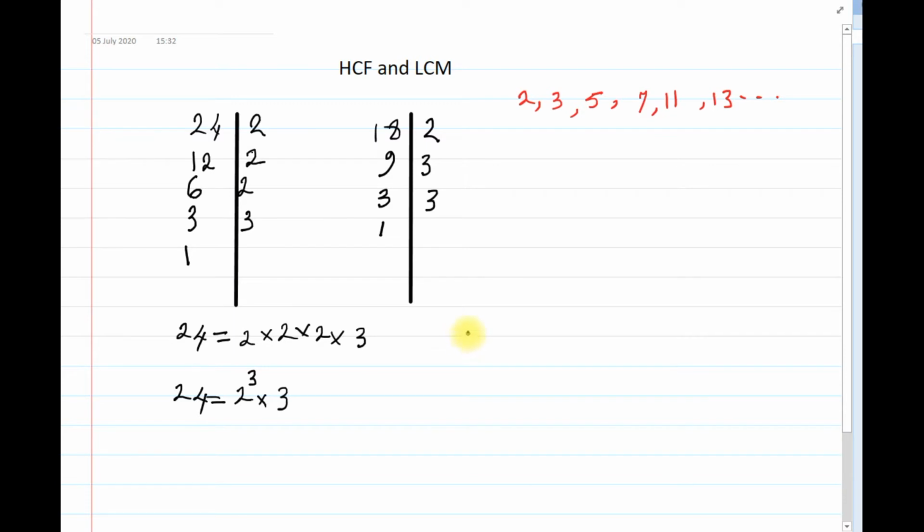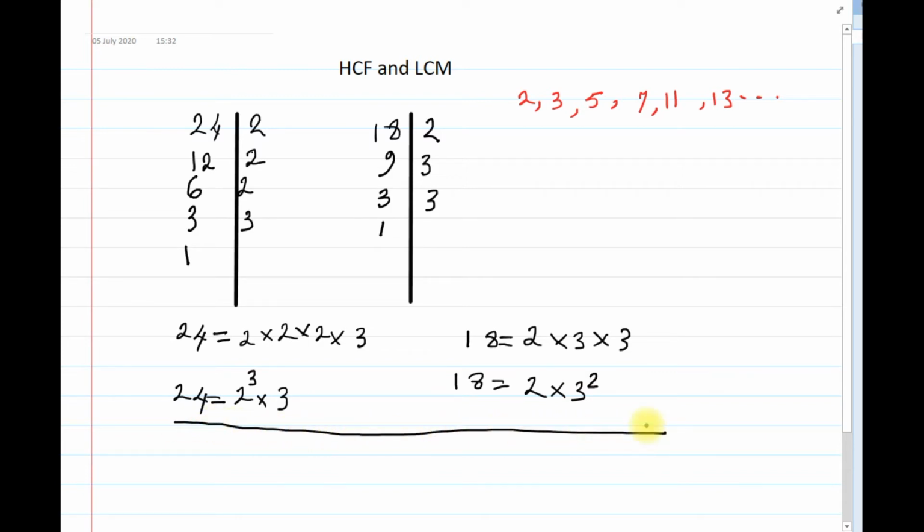So we write 18 is equal to 2 times 3 times 3, which means 18 can be written as 2 times 3 to the power 2. So here we have 24 and 18 written as the product of their primes.